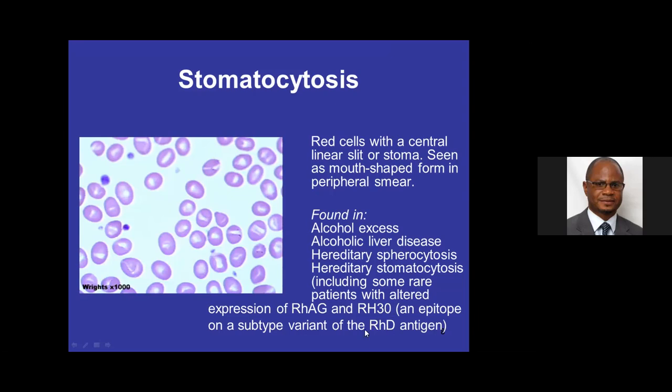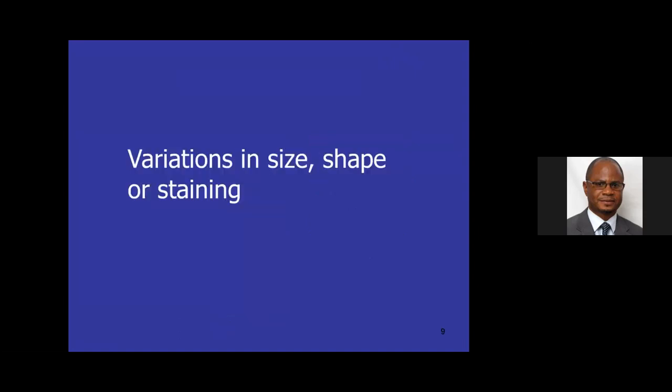This is an epitope on a subtype variant of rhesus antigen. So people with that epitope end up with stomatocytosis.